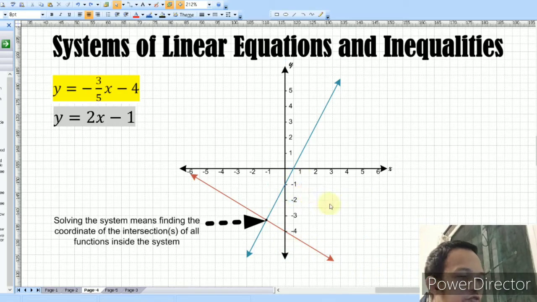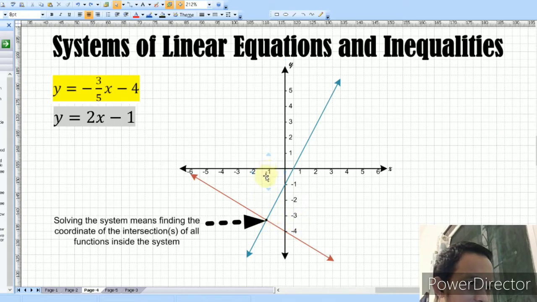The first method we usually use is referring to the graph. Since the graph is obvious, this is the intersection, and you can just read off the x and y values. But in this example, we cannot find the exact value.